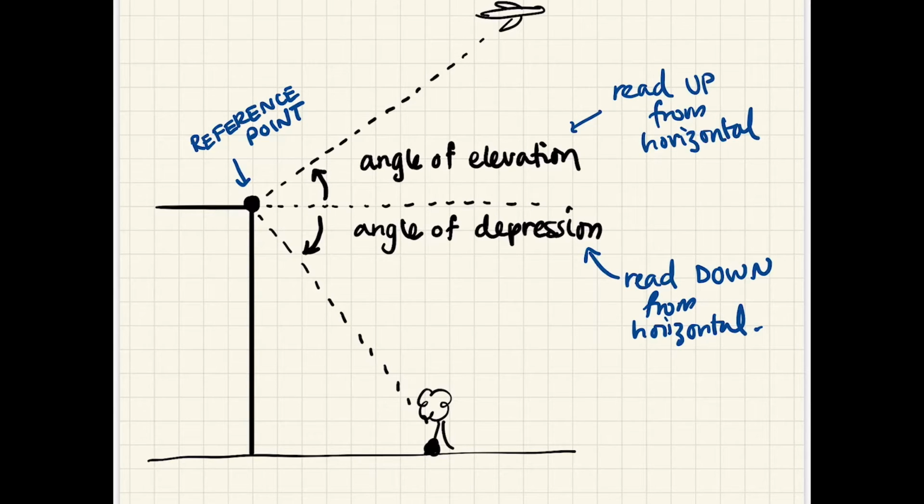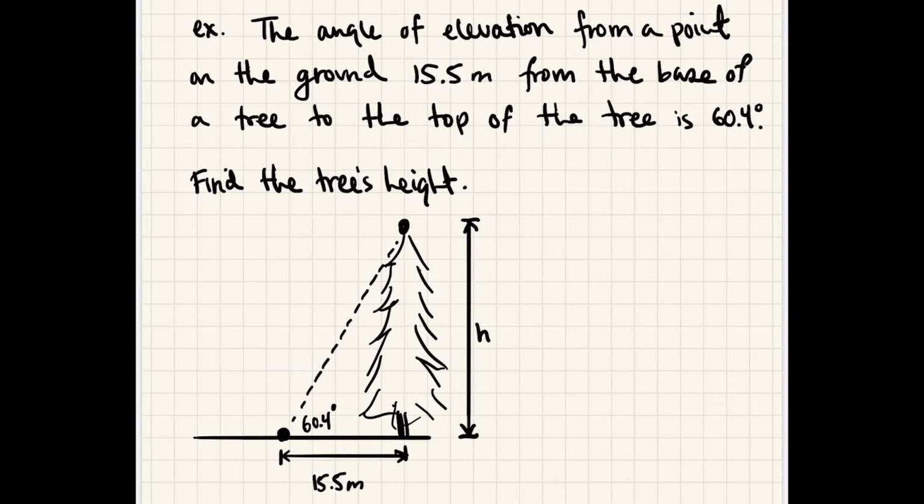Okay, let's see some examples. All right, so here we're interested in learning the height of this tree. And we don't want to cut the tree down to measure it or climb it to measure it. So we're going to use trigonometry, where we can certainly measure a distance along the ground, as we did here, and we can measure an angle from a certain distance away up to the top of the tree.